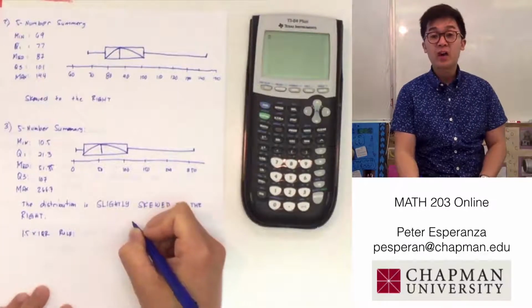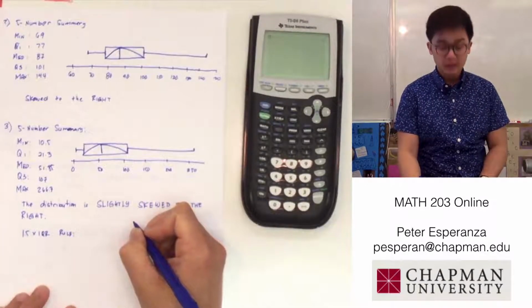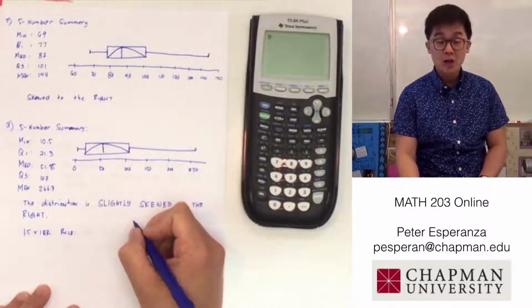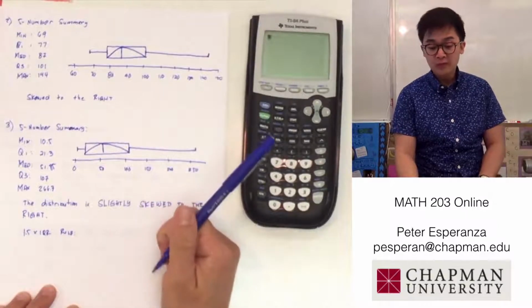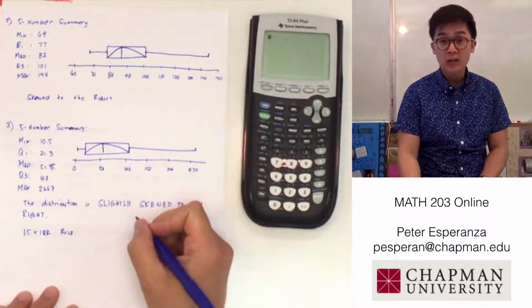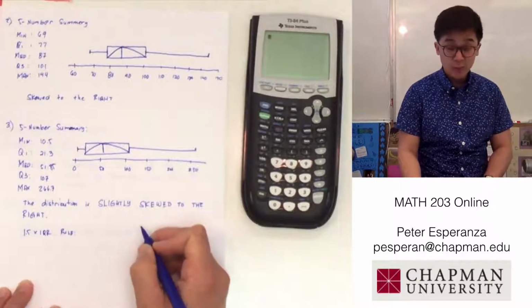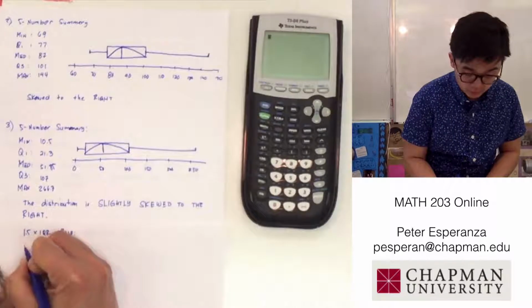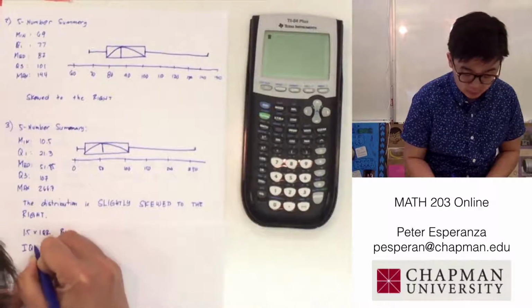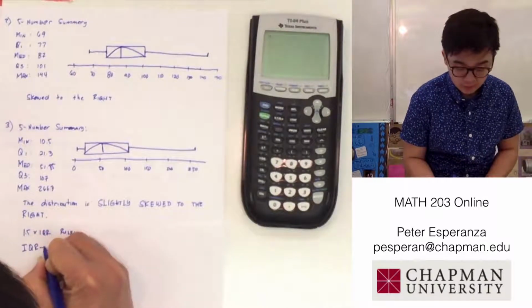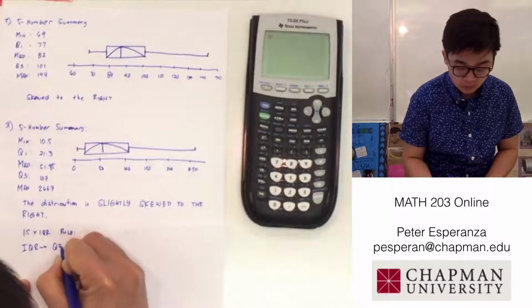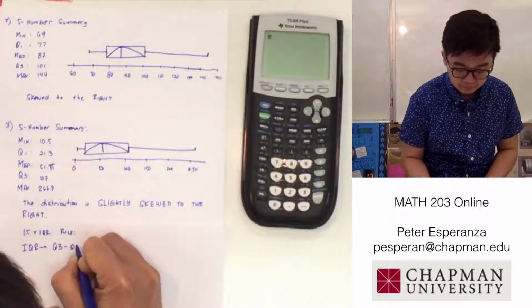Which will verify the outliers to the left of the curve and to the right of the curve. Now, from our box plot, we've seen that there is one outlier, but to compute for it mathematically using the 1.5 IQR rule, we first need to solve for the interquartile range, which is IQR, which is given by the formula of Q3 minus Q1.